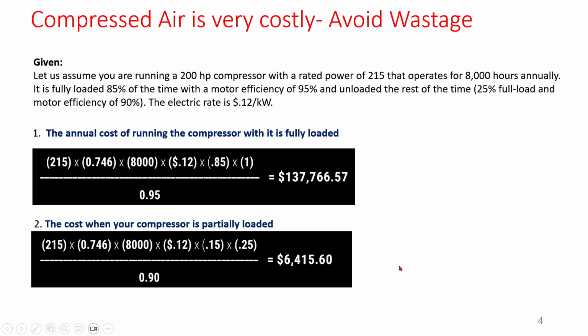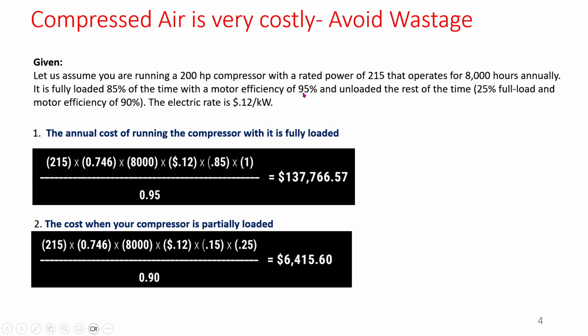Let me give you an example. Suppose you are running a 200 HP compressor with a rated power of 215, operating 8,000 hours annually, fully loaded 85% of the time, with a motor efficiency of 95%.